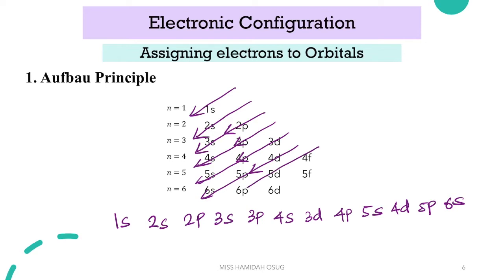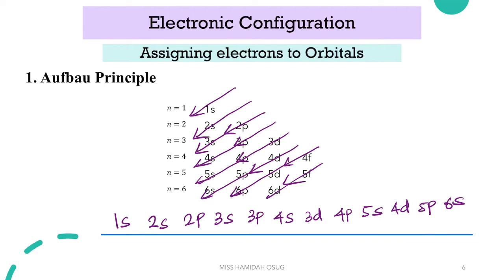So ini adalah aturan, okay? Aturan untuk increasing energy of orbital. So meaning to say 1s will have the lowest energy orbital, followed by 2s, 2p, 3s, 3p, 4s, 3d, 4p, 5s, 4d, 5p and 6s and so on.